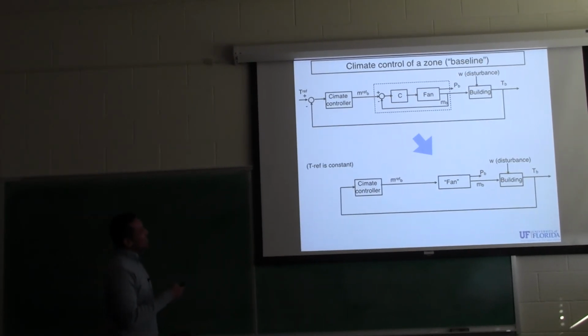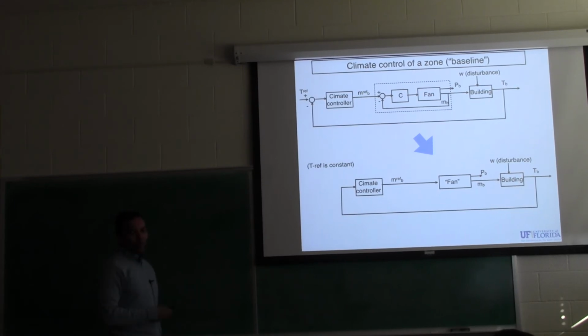So this error goes into a climate controller, and this controller is a computer board that's somewhere in this building. We don't see it often. And it decides how much air to supply into the building, right? And that's a set point for the airflow. So M represents here the mass flow rate of air as reference.